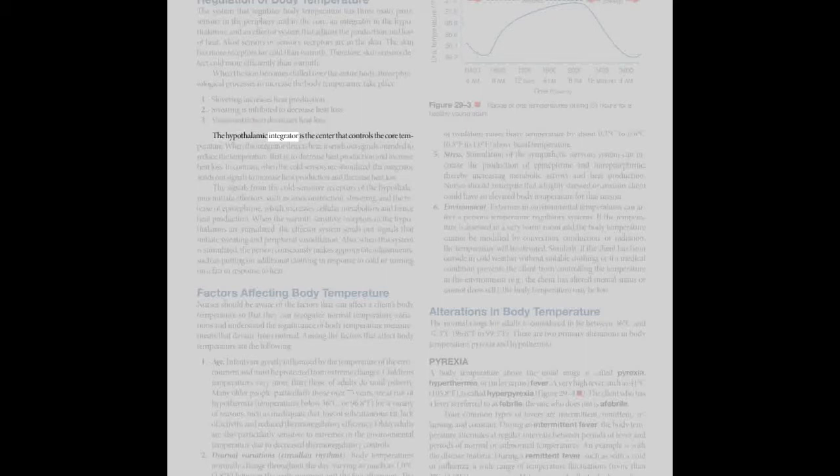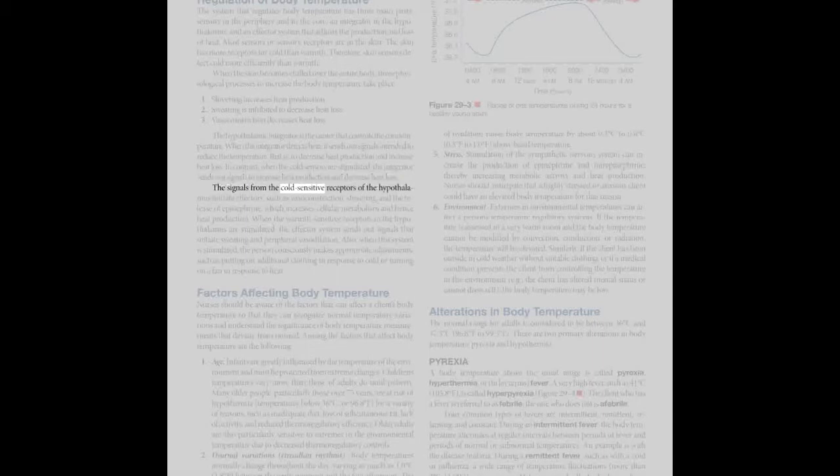The hypothalamic integrator is the center that controls the core temperature. When the integrator detects heat, it sends out signals intended to reduce the temperature, that is, to decrease heat production and increase heat loss. In contrast, when the cold sensors are stimulated, the integrator sends out signals to increase heat production and decrease heat loss.